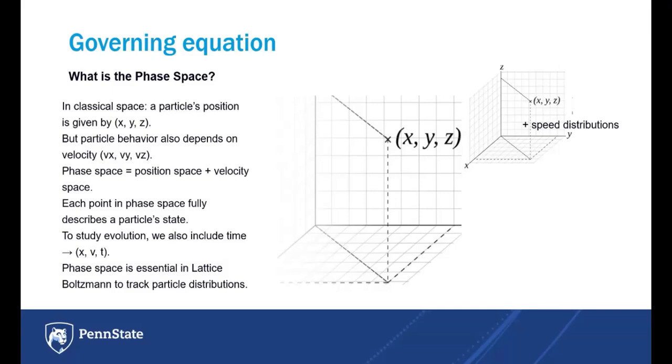So we combine position and velocity into one large space, phase space. In this space, every point represents a complete snapshot of a particle's state, both where it is and how it's moving. And because systems evolve, we also include time, so the full description involves position, velocity, and time. This concept is fundamental to the LBM framework, where we model how particle distributions evolve over space and time.